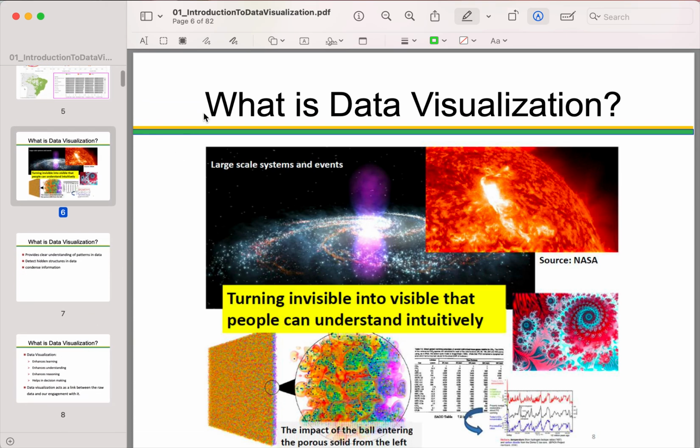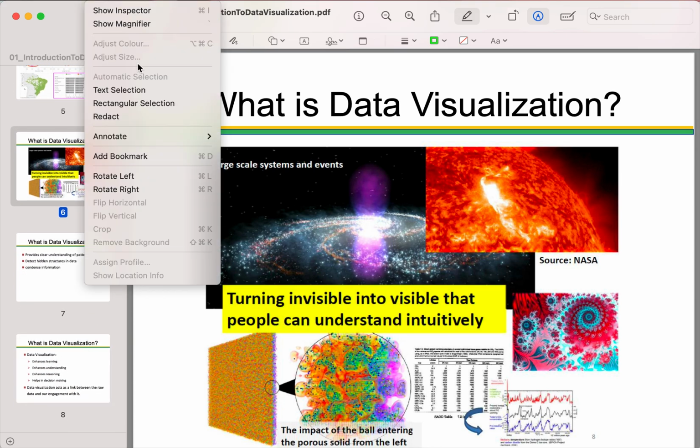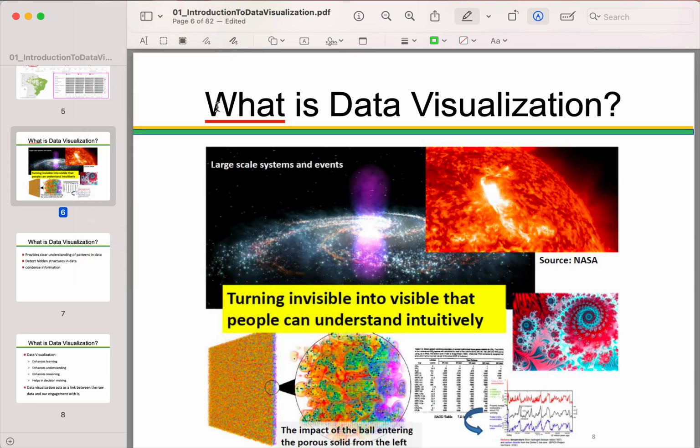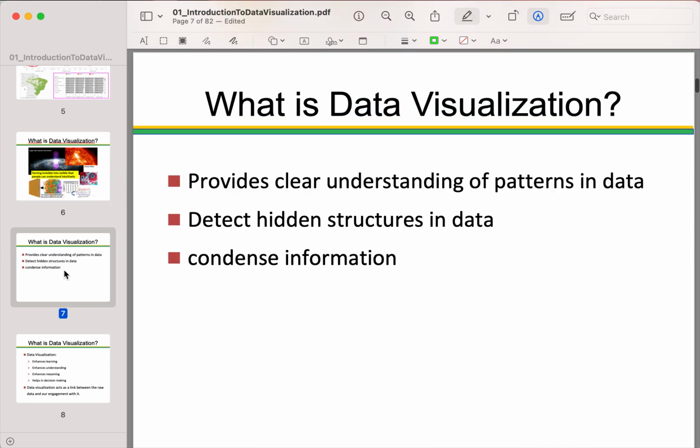So that's why visualization is important with data collection, data analysis.